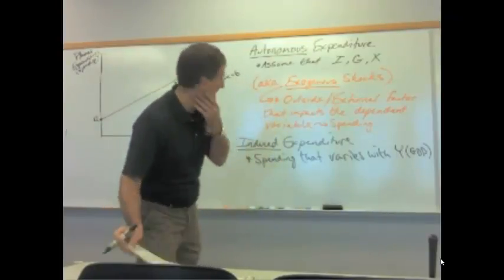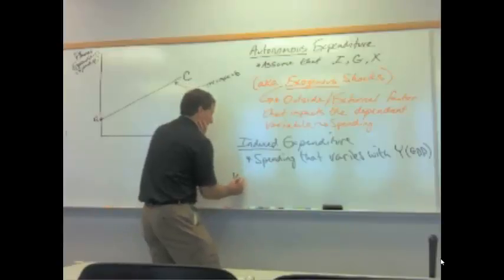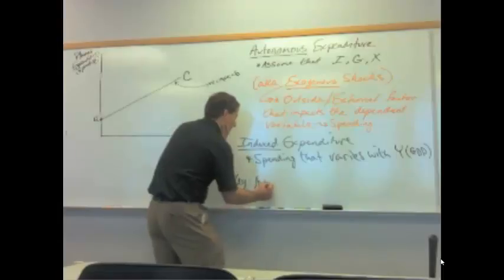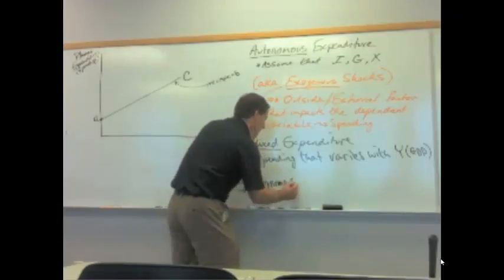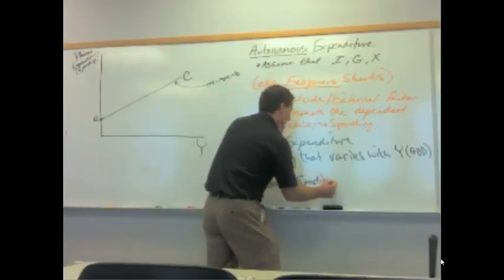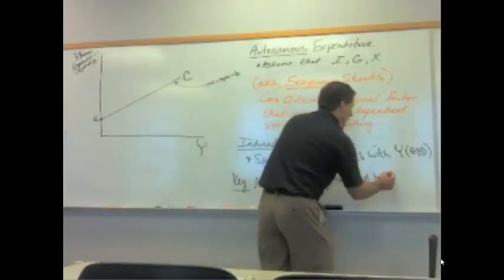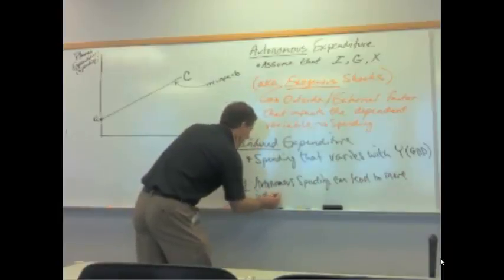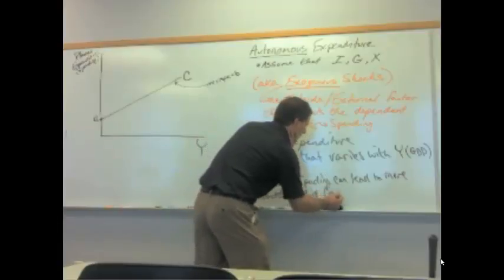All right, spending that varies. So kind of the key point here is that autonomous spending can lead to more induced spending. A multiplier effect.